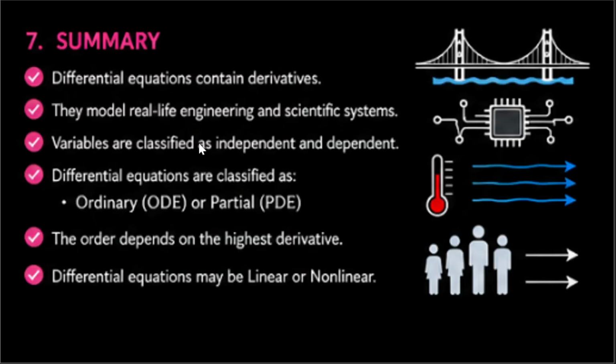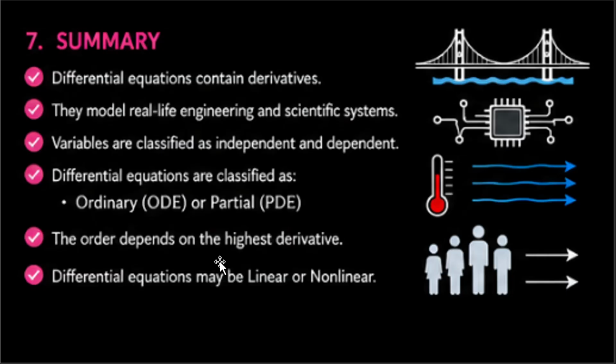Okay, so in summary, a differential equation contains derivatives. They model real-life engineering and scientific systems. Variables are classified as either dependent or independent, so it is very important to know which is the dependent and independent variable. They can be classified as ODE, or ordinary differential equation, or partial differential equation.